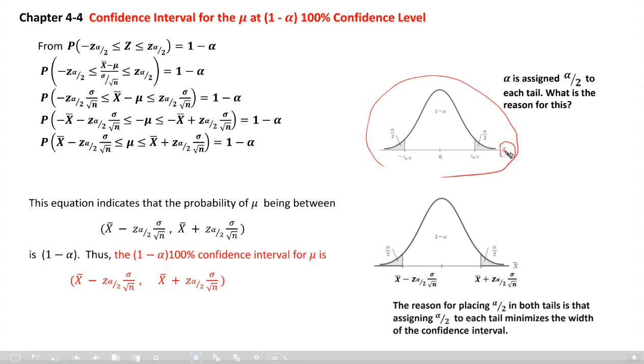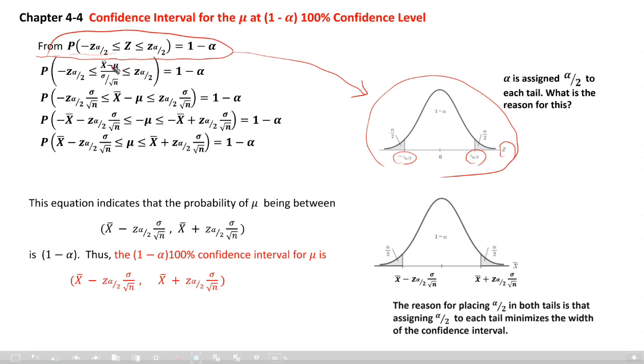The probability that G lies between minus g alpha over 2 and plus g alpha over 2 is 1 minus alpha. So this equation says this graph, right? You may easily understand this kind of thing.